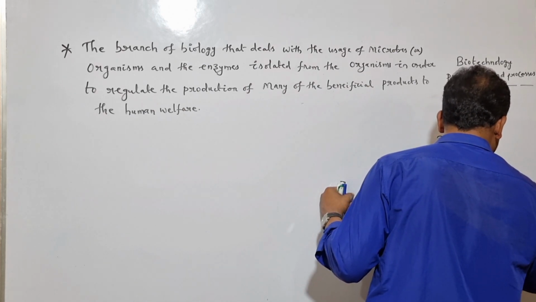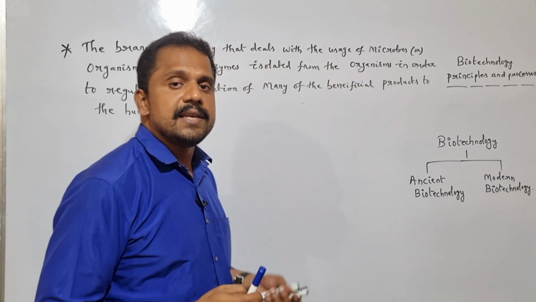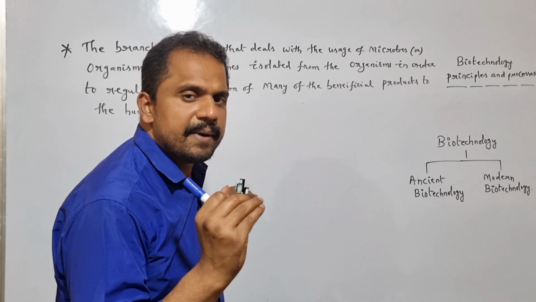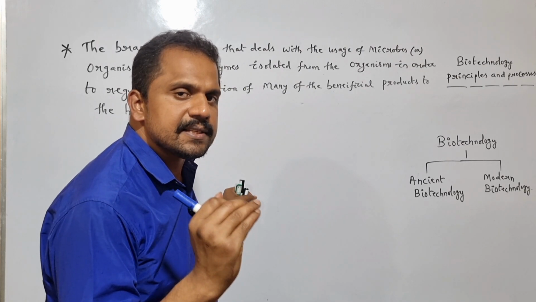At first, if we consider ancient biotechnology, what is ancient biotechnology? Basically, it is a microbial mediated process. By taking the advantage of microbes, many beneficial products can be successfully synthesized.